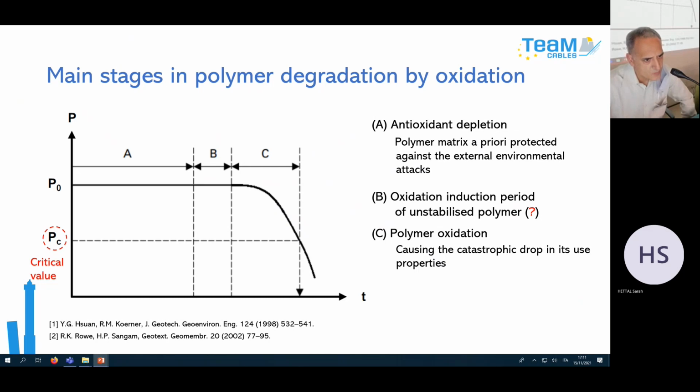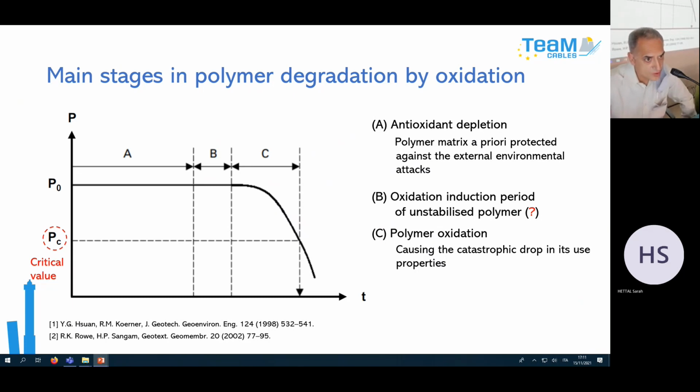So to start, I will present you a general graph showing the main stages in polymer degradation by oxidation. This graph was first shown in the case of geotextile membranes aged in natural, outdoor conditions. But this graph, in fact, is also valid for all types of oxidation reaction in hydrocarbon polymer.